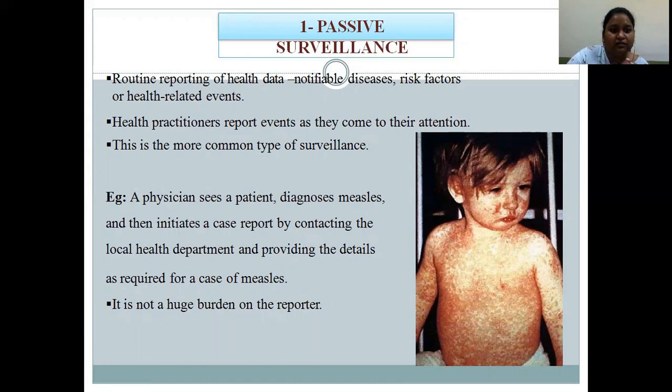This type of surveillance is more common, because the report comes from healthcare professionals, so it will be genuine and assessed by them. Let's see an example. A physician sees a patient, diagnoses measles, and initiates a case report by contacting the local healthcare department and providing the details required for a case of measles. So it is not a huge burden for the reporters.